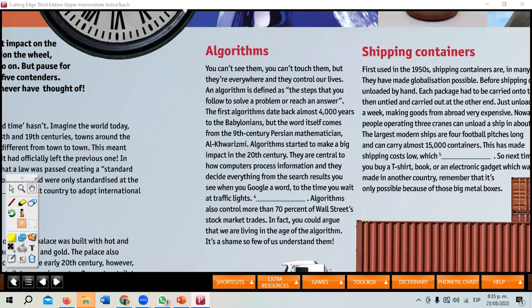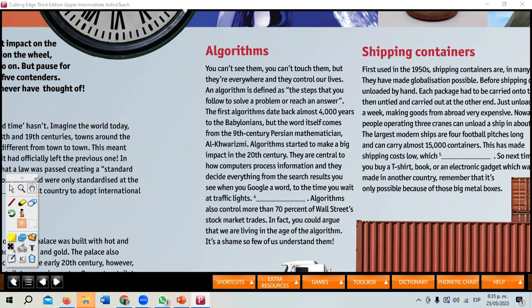Algorithms. You can't see them, you can't touch them, but they are anywhere, everywhere, and they control our lives. An algorithm is defined as the steps that you follow to solve a problem or reach an answer.